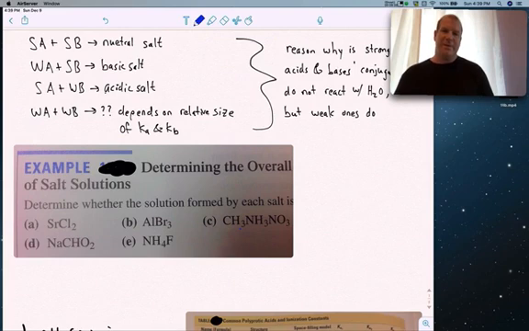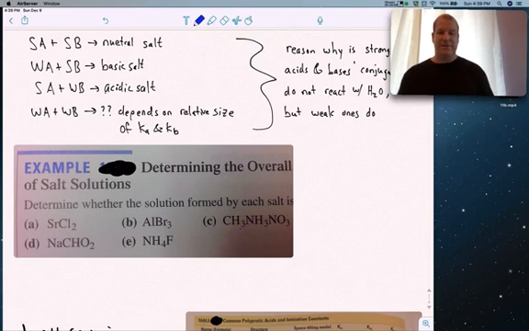The way I always remembered it was, if you have a weak acid but a strong base, it's so strong that the salt becomes basic, and a strong acid and a weak base, it's so strong that the salt becomes acidic. The real reason is that the weak acids and bases, their conjugates react with water, whereas the strong acids and bases, they do not.